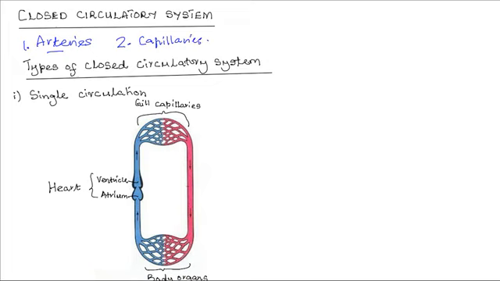Capillaries spread out in a network fashion within the tissues, and are the ones that bring the blood very close to the cells. It is in the capillaries where exchange of substances between the blood and the cells takes place, even though there is no direct contact.